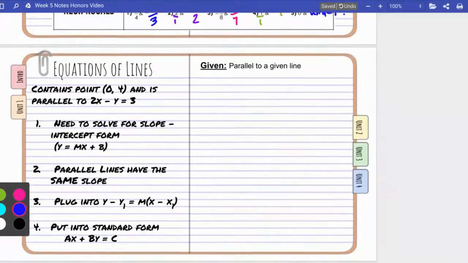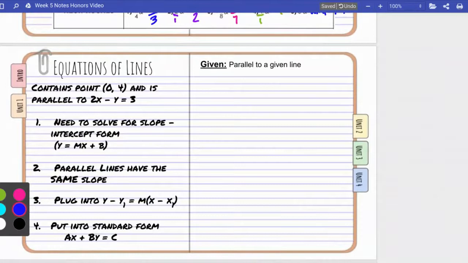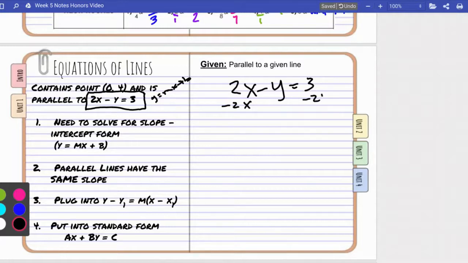So let's find the equation of a line that goes through the point 0, 4, but is parallel to 2x minus y equals 3. Well, we need the slope. In order to get the slope, this has to be written in slope-intercept form, y equals mx plus b. So I'm going to subtract the 2x to the other side.